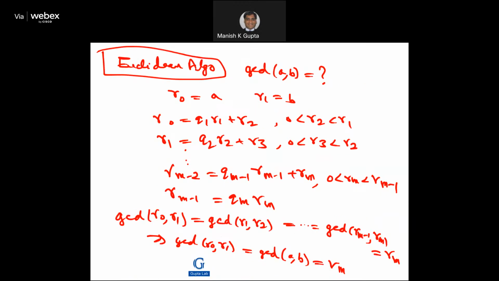The first one is the Euclidean algorithm. You have been reading about this Euclidean algorithm, which finds the GCD of A and B, right? And this algorithm can be used further, in the form of the extended Euclidean algorithm, for computing the inverse. Okay, so I'm going to tell you some brief things which probably you know.